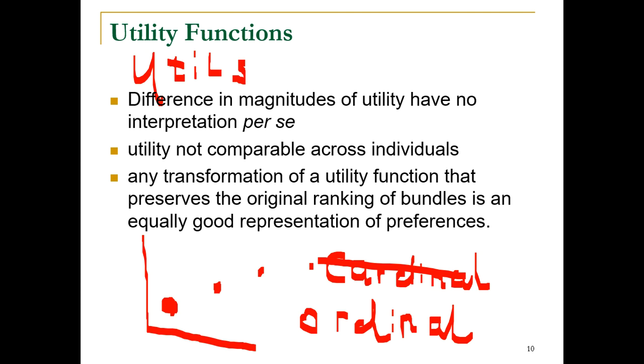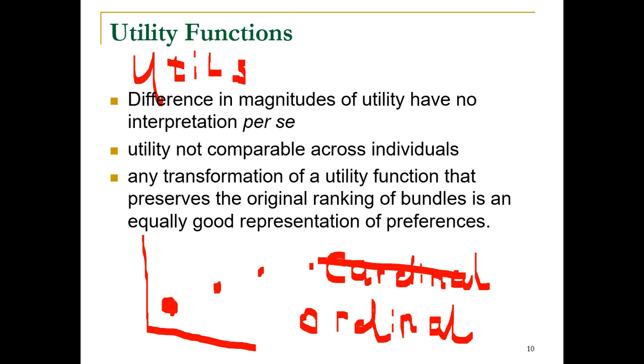But the opposite is true for the cardinal approach. With the cardinal approach, we can put actual figures to say, if I use an iPhone, I derive 20 utils. If I use an Android phone, let's say Samsung, I derive 15 utils. Therefore, I derive more utility from an iPhone. Those are the two approaches we use to measure utility.